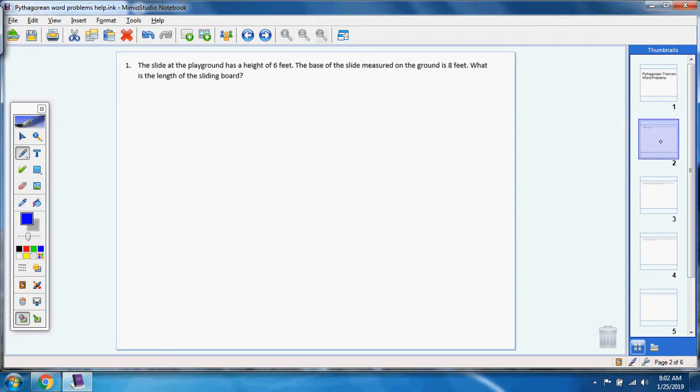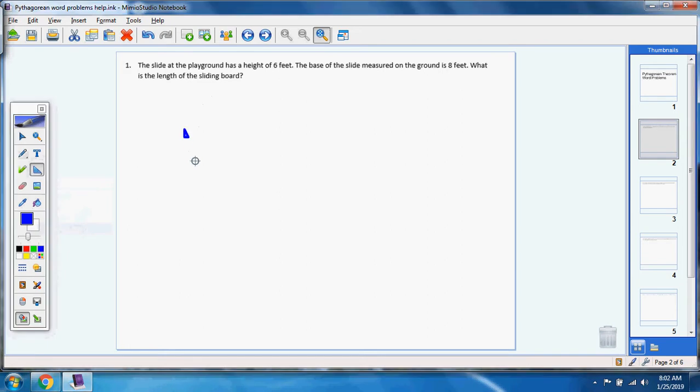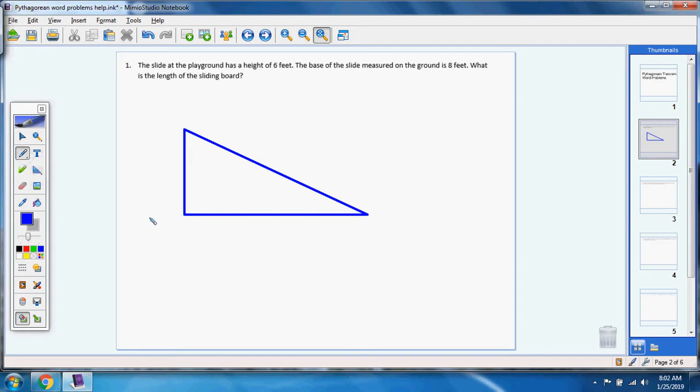So here we go. All I want from you again is a right triangle. So go ahead and sketch a right triangle that looks something like this. Doesn't have to be perfect, but again, using your straight edge will make it a little bit easier. We know it's a right triangle again because we put the little corner there.